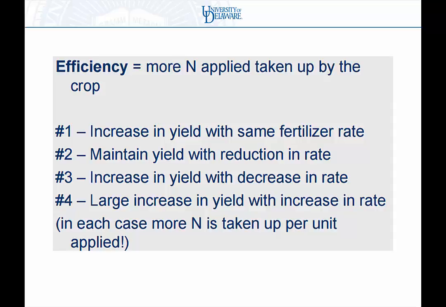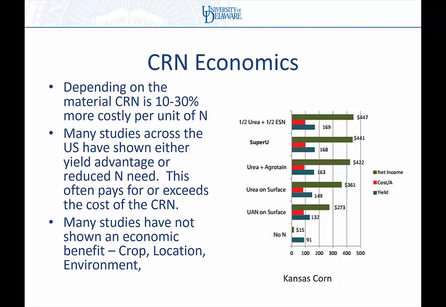And they've looked at all these in a number of different crops throughout this region. Over the last 10 to 15 years, there have been dozens and dozens of research projects looking at these polymer coated products in field crops. We certainly have looked at them in vegetables. And then it boils down to economics.